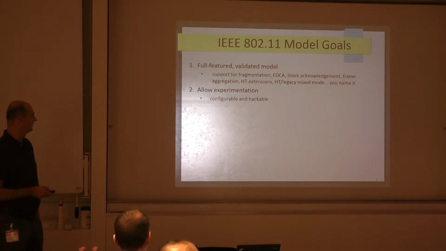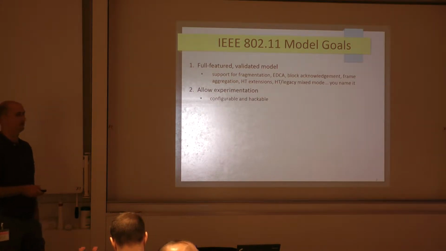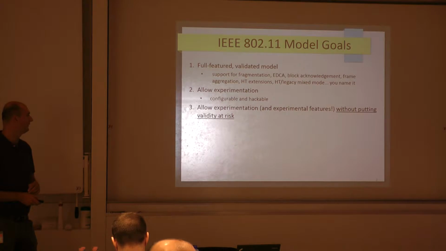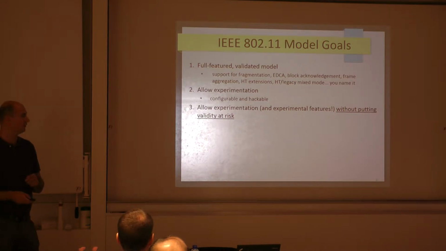And it should allow experimentation, so we'd like to be able to configure it in different ways, and it should be hackable also, so people can try out different modifications to algorithms and so on. And even more important, it should allow experimental features to be incorporated in the code without putting validity at risk.